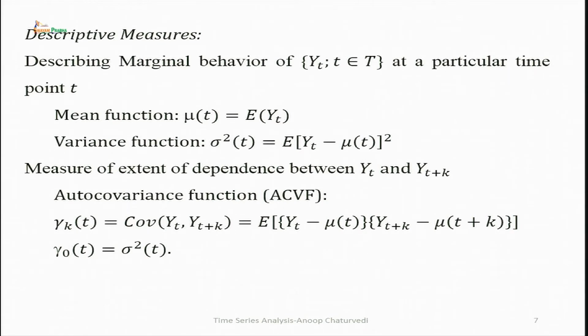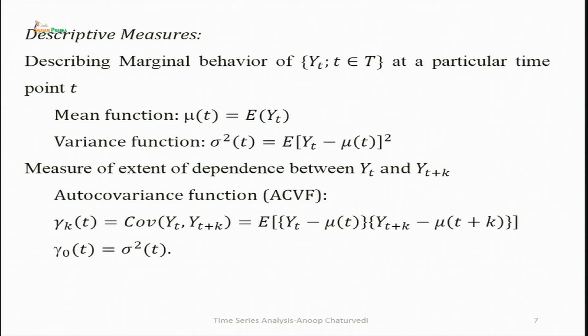And then we define some measures of the extent of dependence between y_t and y_{t+k}. So, the first measure is the autocovariance function.